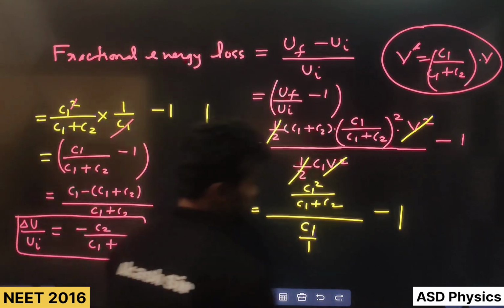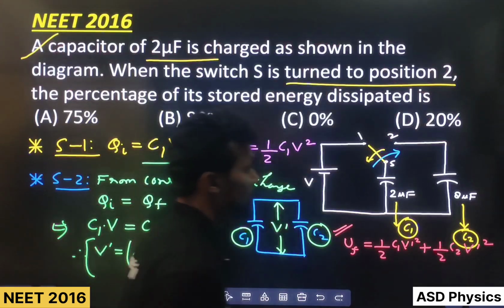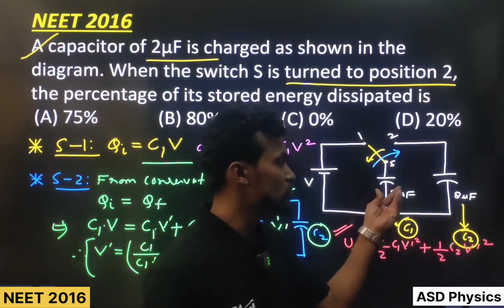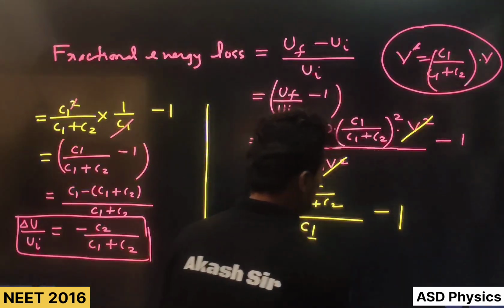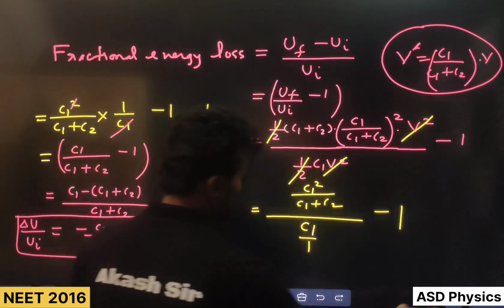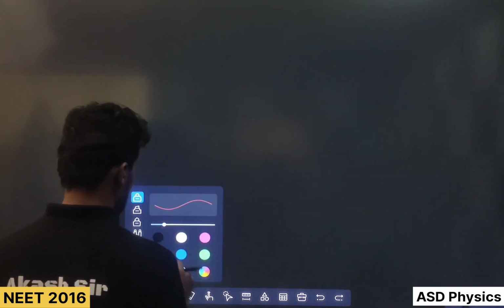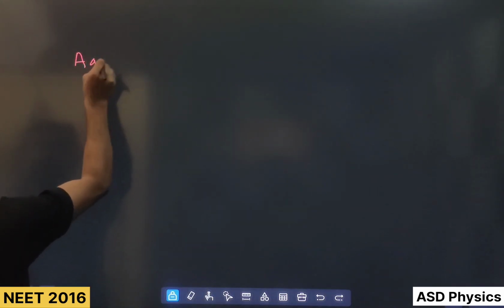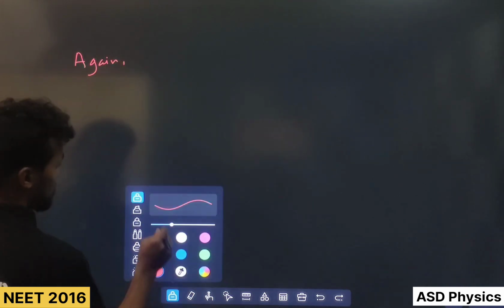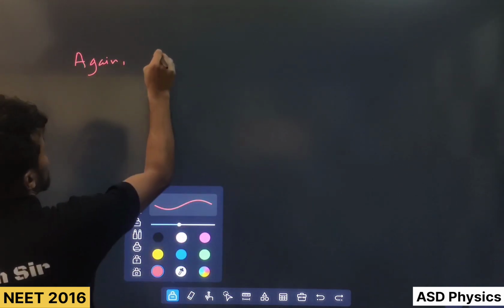Now students, let's come to our question. The value of C1 is 2 and the value of C2 is 8. Let me put the values.